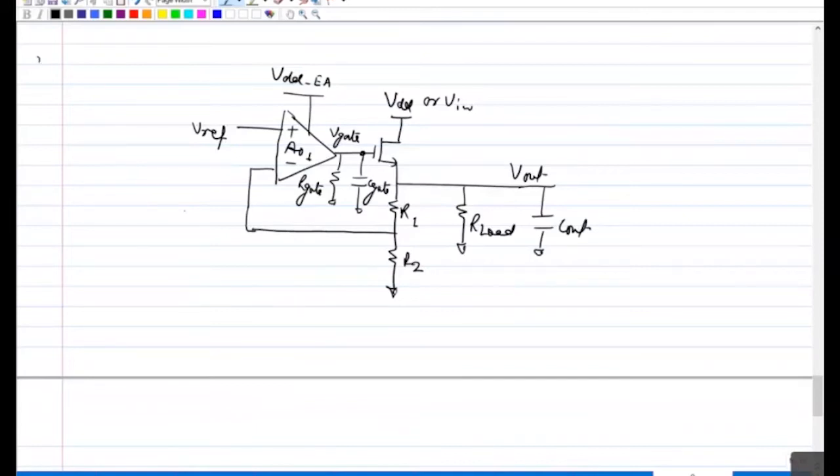The reason we didn't consider that current, if you remember, in the PMOS, we took only the GM component. We didn't take the R out component there because it would be much smaller compared to GM, so we completely ignored that. But here there is no GM component, so the only component is the R out component, and we have to consider that. So since you don't have a GM component, intuitively you can tell the PSRR would be much better, but we need to see what exactly it is.